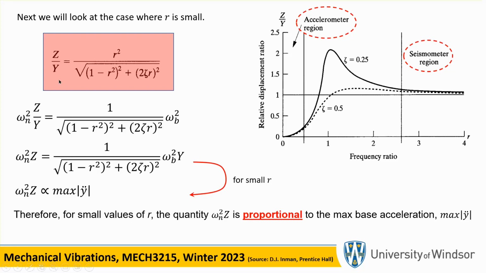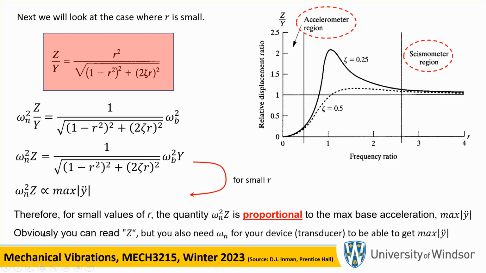Now, for small values of r, this quantity is proportional to the maximum base acceleration, namely that expression. And the proportionality factor, by the way, is just this thing that you see here, that magnificent dynamic amplification factor. Remember this big M that we talked about 2 weeks ago. So that's the proportionality factor.